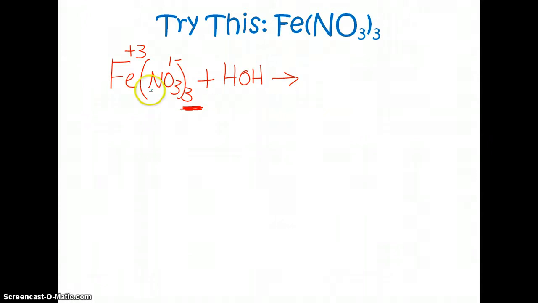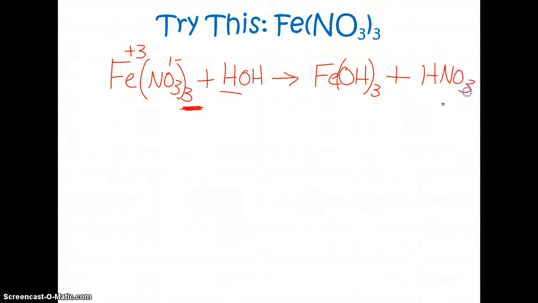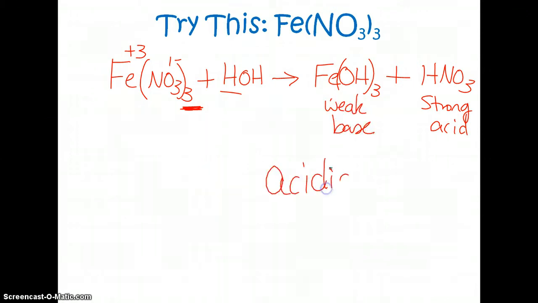Alright, so we're going to react and just switch the fronts again, so Fe is going to get OH, and if you're swapping and dropping correctly, you'd get this, but that's not really essential for being able to determine if it's a strong or weak. And then H is going to get the NO3, and we know that this is a strong acid. That's a weak base, so our salt is acidic in this case.